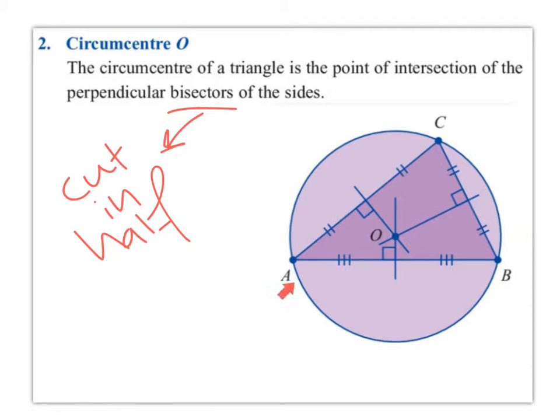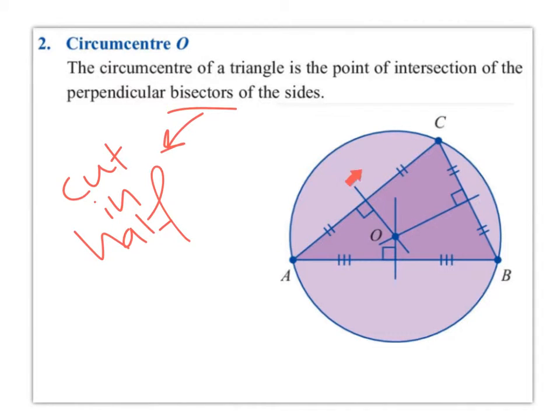So here we have a circle, and inside the circle we have the triangle A, B, C. If this is the length AC, then this is its perpendicular bisector. So it's a perpendicular angle, so a 90-degree angle, but it's also bisecting, so cutting the line AC in half. And we know that because we've got two little lines and two little lines, which tells us that this length is equal to this length.